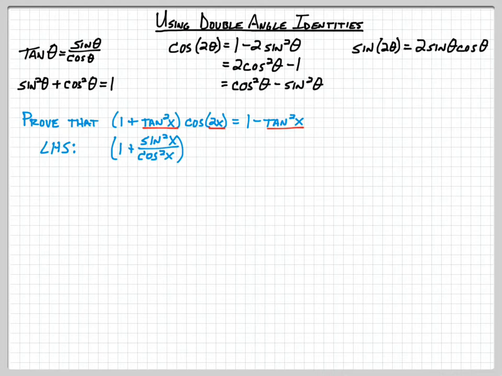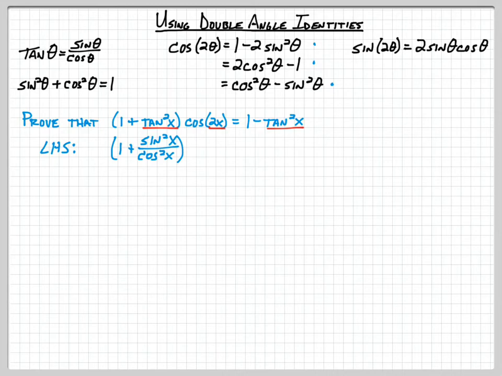Now we have to pick which of our 3 cosine double angle values to use. We could use any one of these, but some are going to lend us to a better place than others. And actually it really is only going to be one that's going to be the most helpful for us.